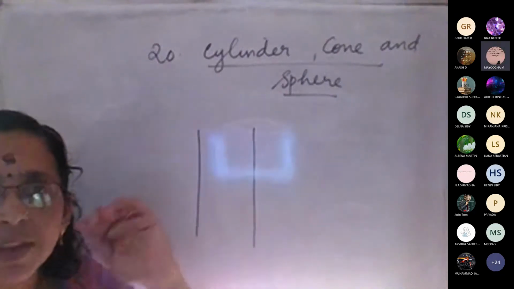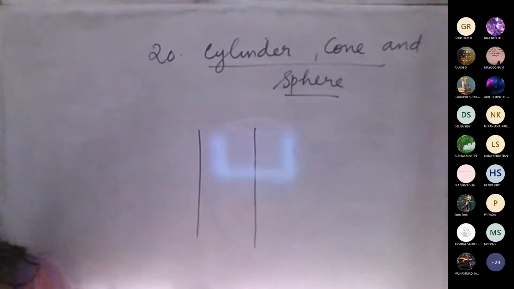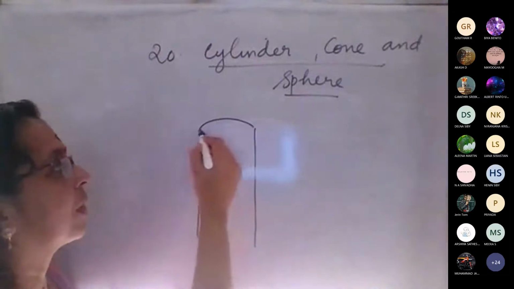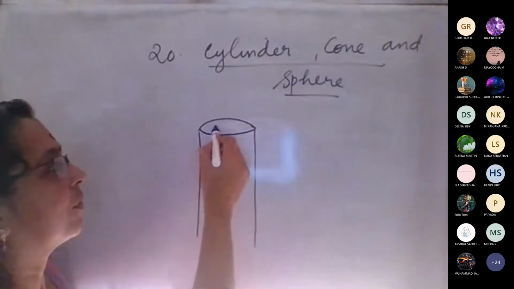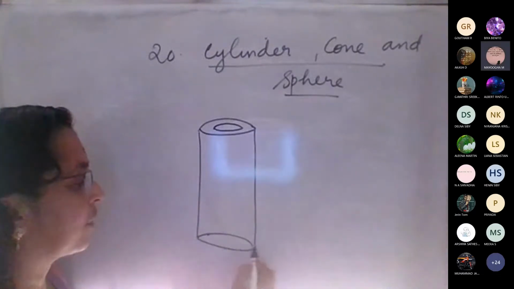Same way with the green hose, inside we will get one circle and outside we will also have one circle.